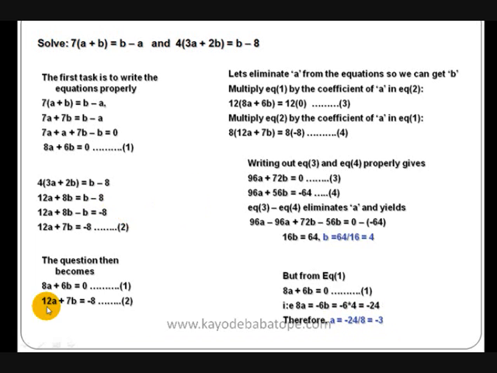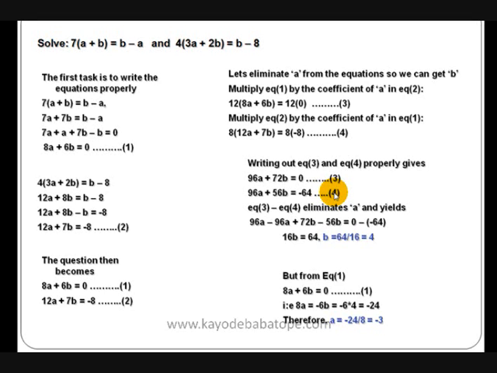If you use equation 2 also, you will still arrive at the same value of a. Use equation 3 or use equation 4, you will arrive at the same value of a. Any of the equations can be used. Once you have calculated the value of one of the variables, you can use any of the equations to calculate the value of the second variable.